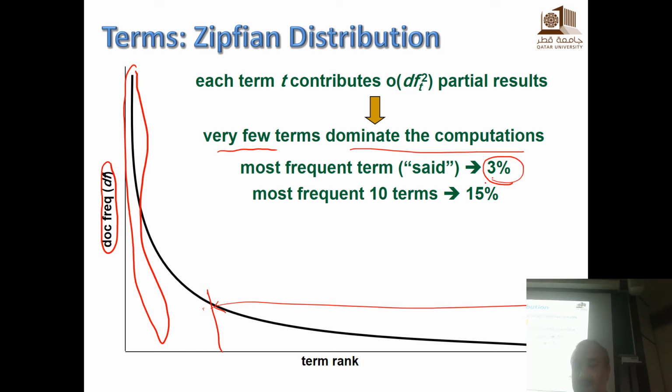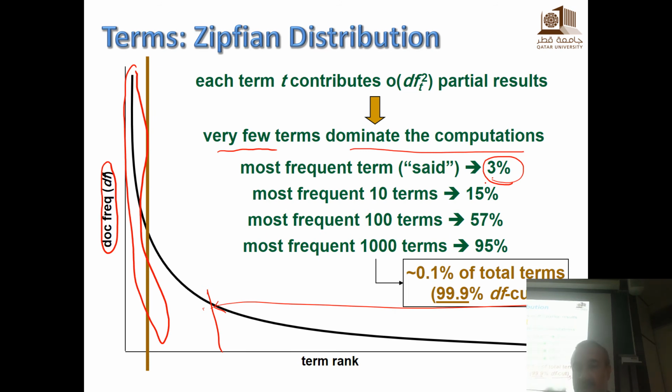So very few. We continued and we looked at the most frequent 100 terms. The most frequent 100 terms contributed 57%. This is very interesting here. The most frequent 1,000 terms contributed 95% of the entire set of intermediate records.